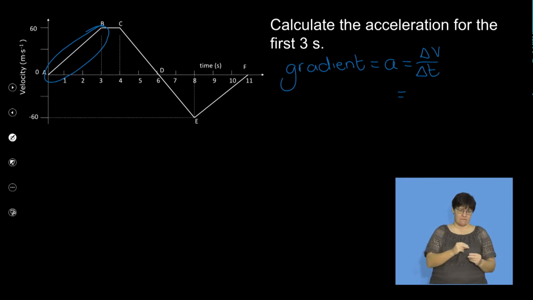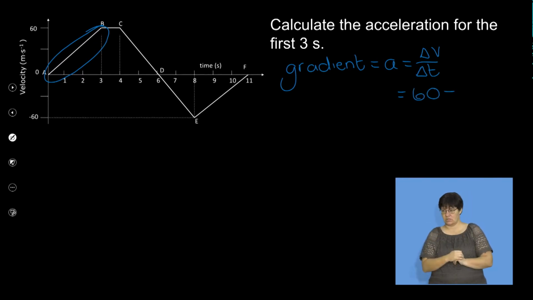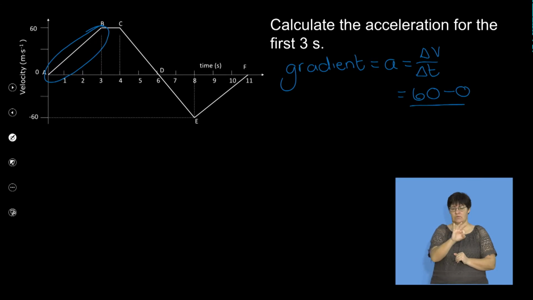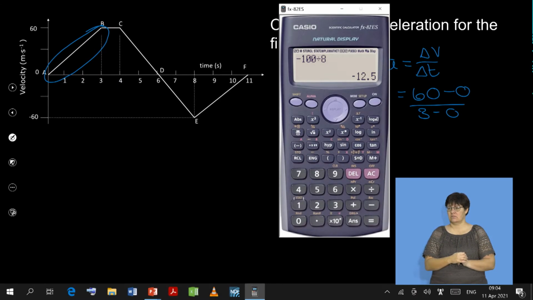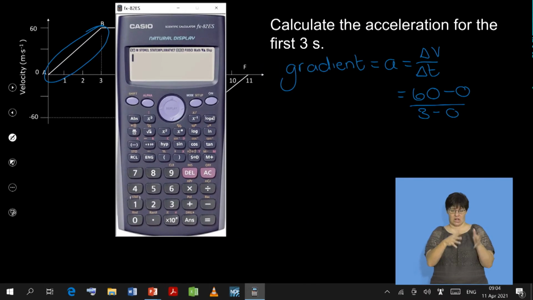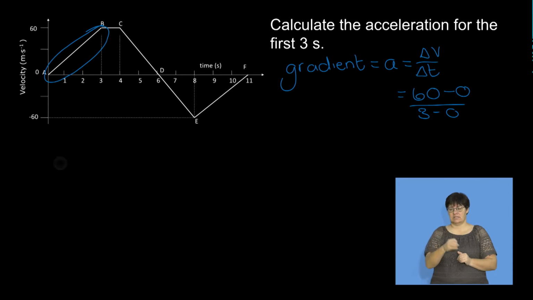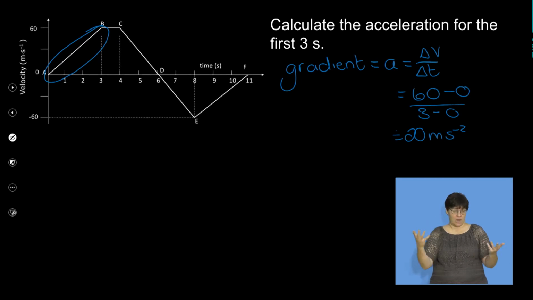So we've got 60 minus 0 and 3 minus 0. And, of course, we use our calculators. 60 divided by 3 is 20 meters per second squared, and it's north because it's positive.